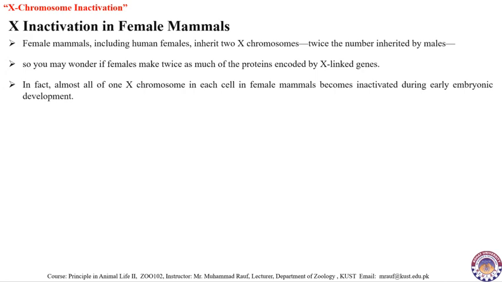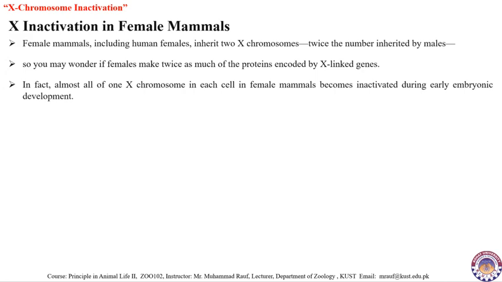While she is developing inside her mother's womb, this process of X chromosome inactivation starts, where one of the X chromosomes in every cell is inactivated, irrespective of whether that X chromosome has been received from the father or from the mother. So in each and every cell, one X chromosome is inactivated.